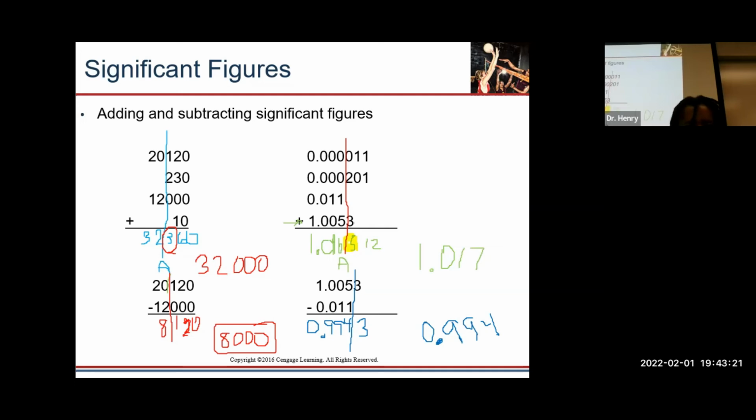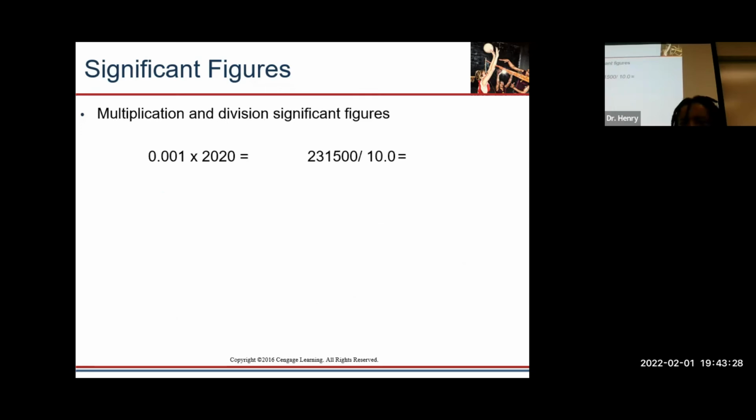Okay, so let's talk about multiplication and division. Multiplication and division is a lot easier. So when we're doing multiplication and division, all we need to do is find the one that has the lowest number of significant figures, and that's going to decide our significant figures. So here, the very first problem, which one has the least amount of significant figures?